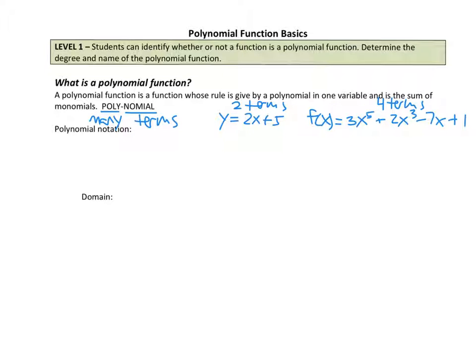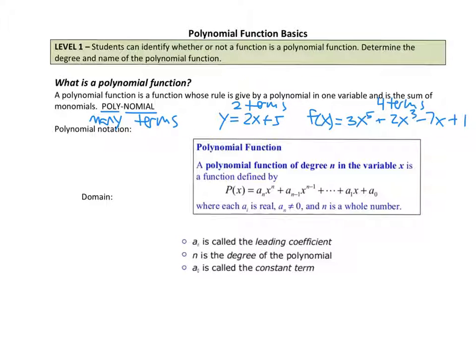The notation for a polynomial function looks complicated. So I've popped in an image, but the notation is p of x equals a sub n, x to the n, plus a sub n minus 1, x to the n minus 1, plus, there could be a bunch of terms in the middle, a sub 1 times x plus a sub 0.